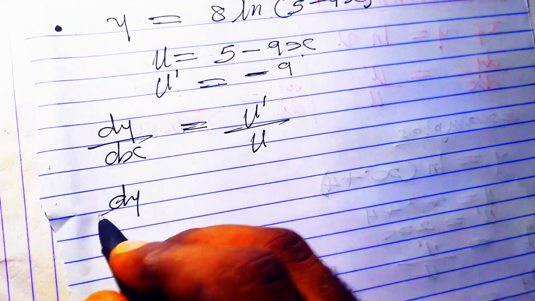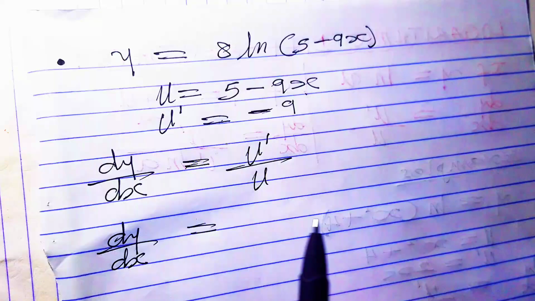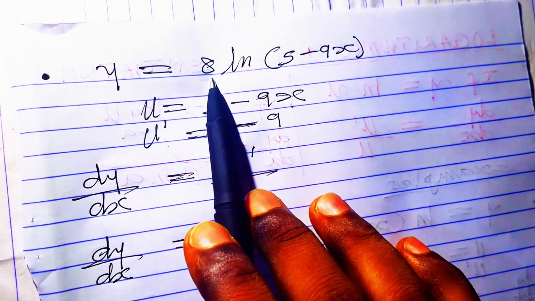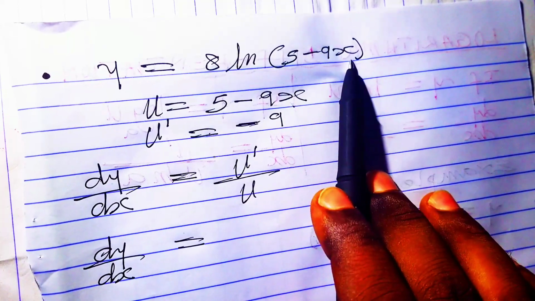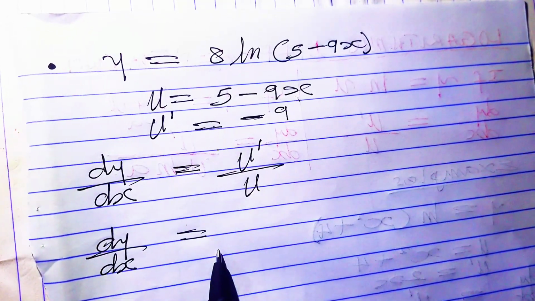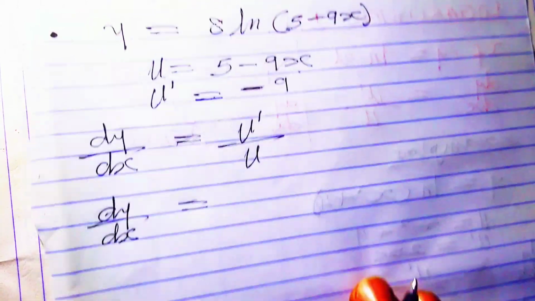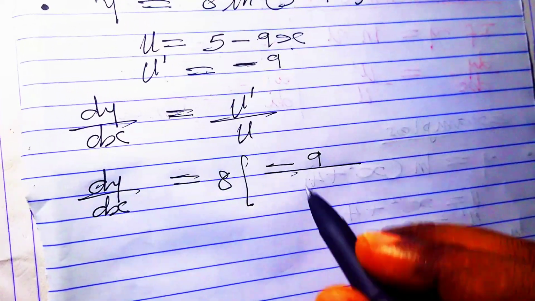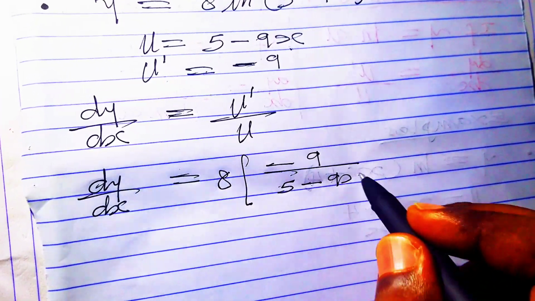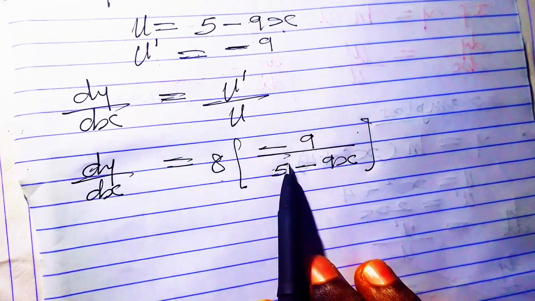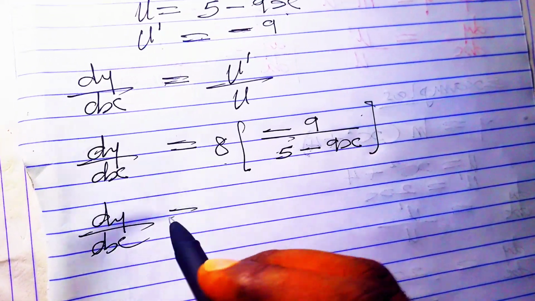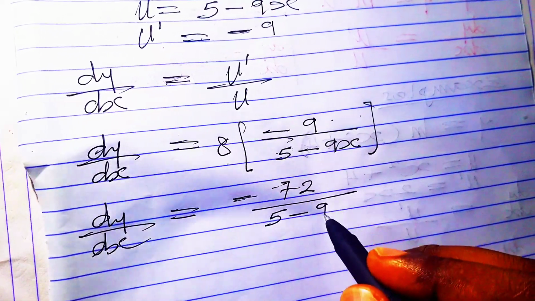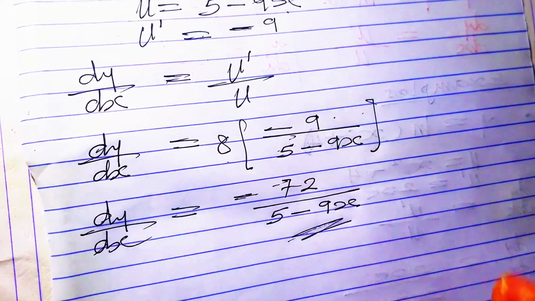But don't forget, we have 8 as a coefficient of the natural logarithm of 5 minus 9x, so that has to be involved when you're computing your answer. So this is going to be 8 in the brackets, negative 9 over u itself, 5 minus 9x. And of course, this can just be written as 8 times negative 9, which is negative 72, everything over 5 minus 9x. So that is the answer to that question.